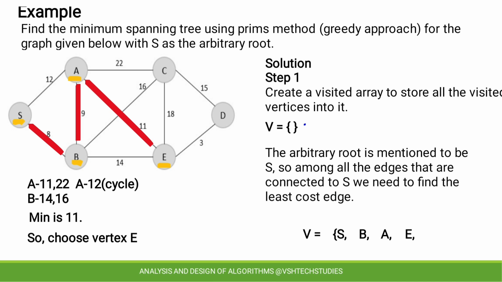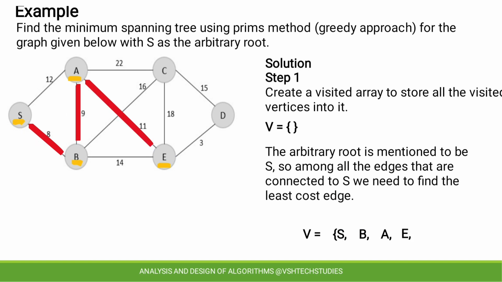Till this step, the minimum cost spanning tree has 4 vertices: S, B, A and E. In the graph they are shown. S to B is connected, B to A is connected, A to E is connected. So this is the status of the minimum cost spanning tree subgraph till now.